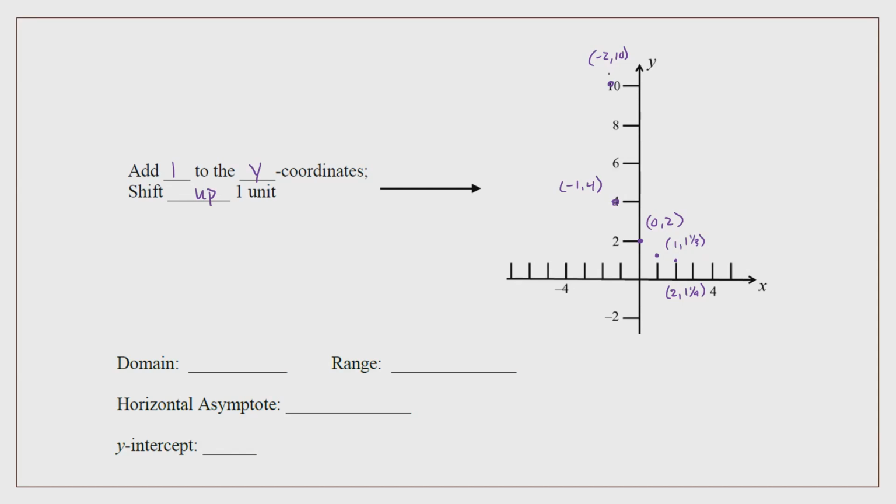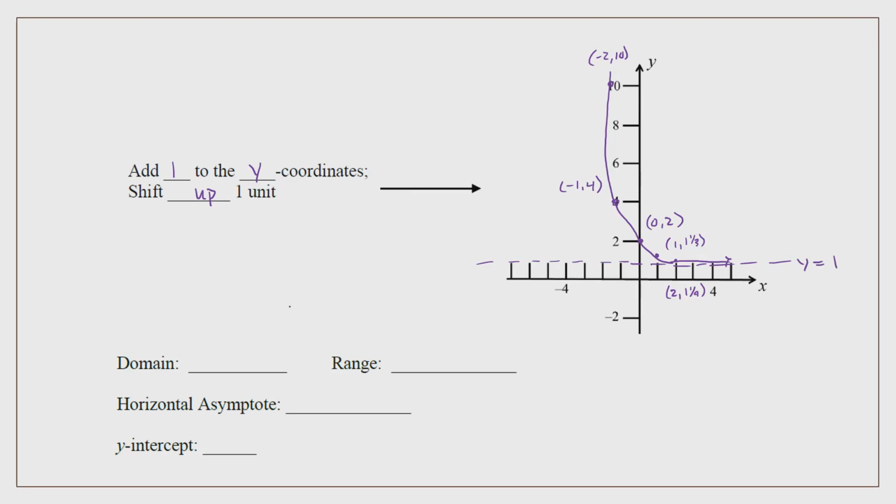All right. And so now we can connect the dots. Okay. Awesome. And so now our horizontal asymptote also increased by 1. So it was the x-axis, but now it's y equals 1. Okay.